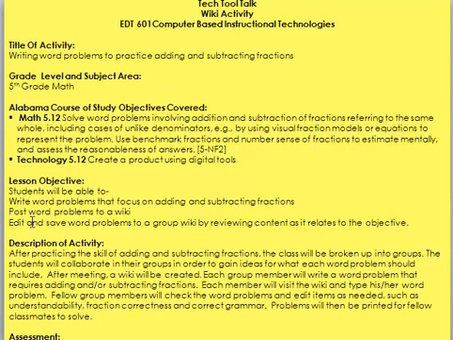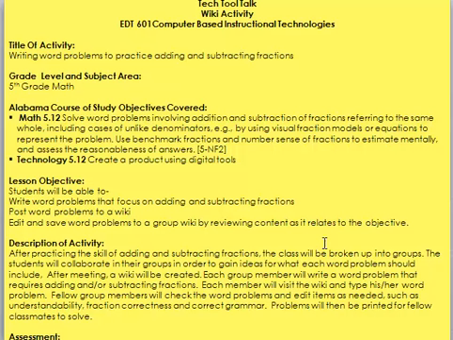The objectives are that the students are going to learn to write word problems that focus on adding and subtracting fractions. They're going to post word problems to the wiki, and then the group of students will actually edit and save the word problems to the group wiki by reviewing the contents as it relates to the objective. Students will have practiced a skill of adding and subtracting fractions, and the class will be broken up into groups.